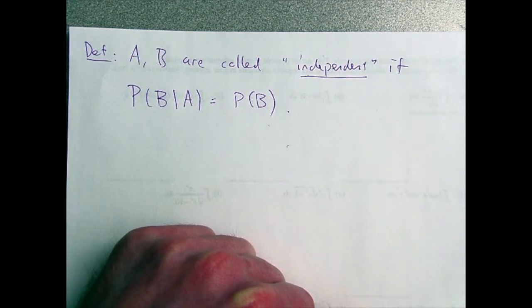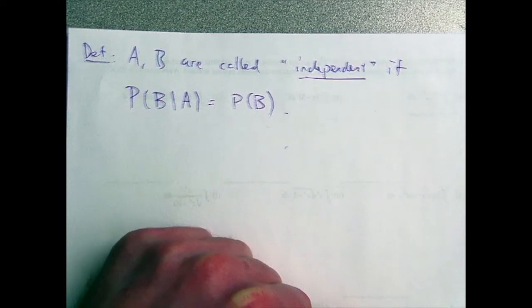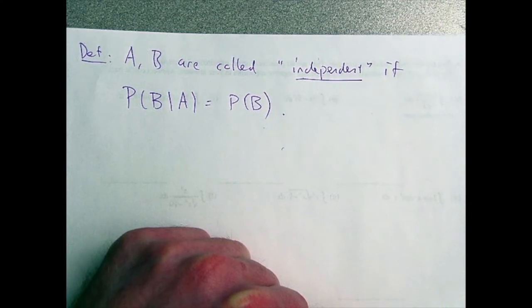In other words, the occurrence or non-occurrence of event A has no influence on the probability of the other event, B. The probability of B occurring should be unaffected by the occurrence or non-occurrence of A.